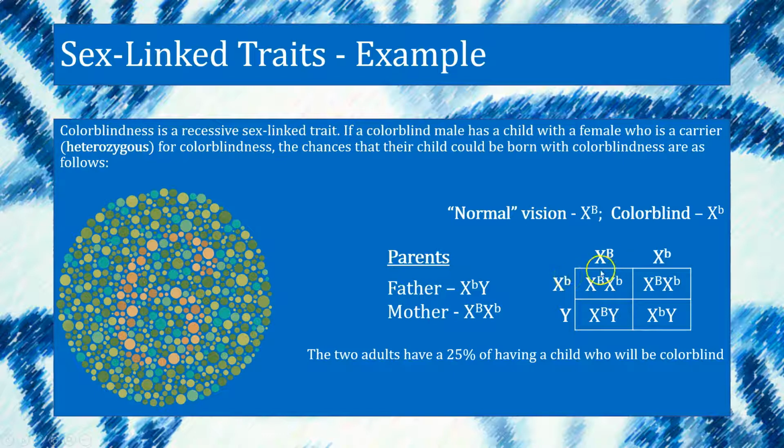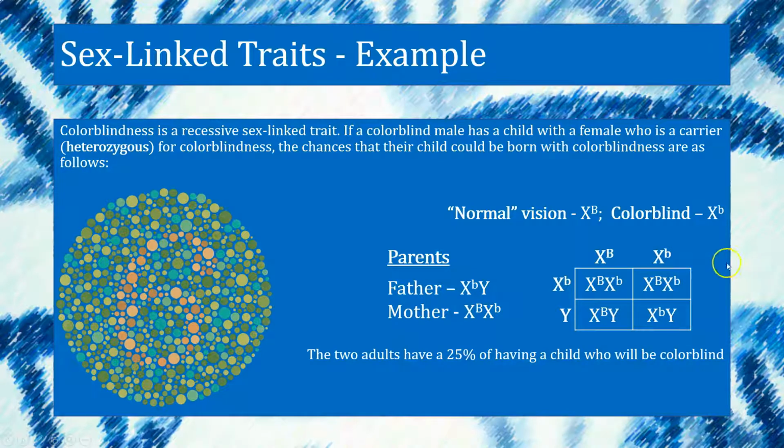Anyway, so we place our mother across the top here, and we've got our father down the left. And when we cross them, we can see that there are three possibilities of giving birth to a child that doesn't have color blindness, and then one child combination that will have color blindness.